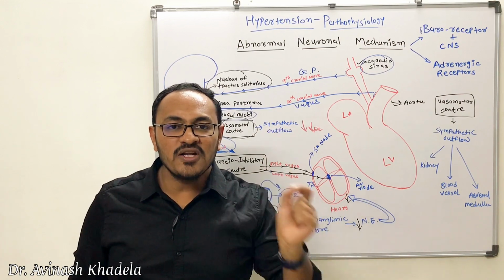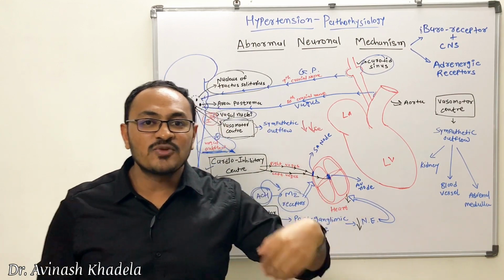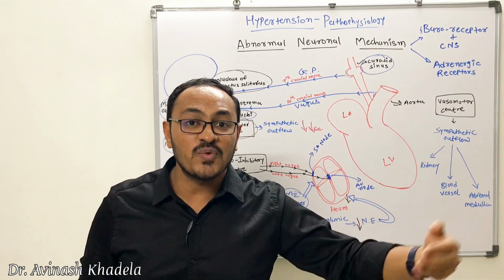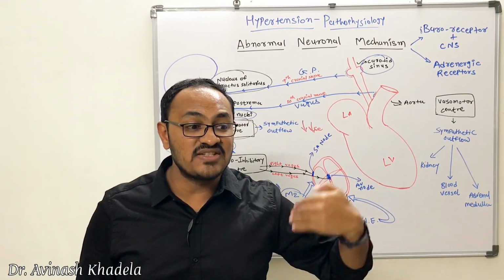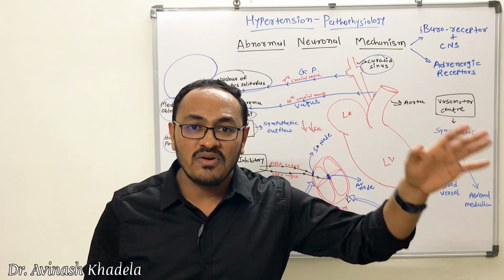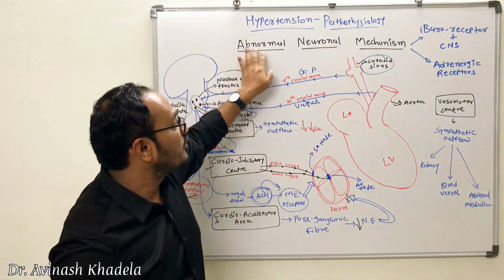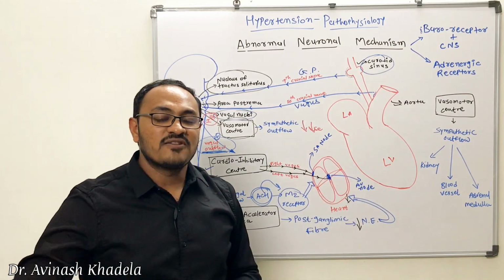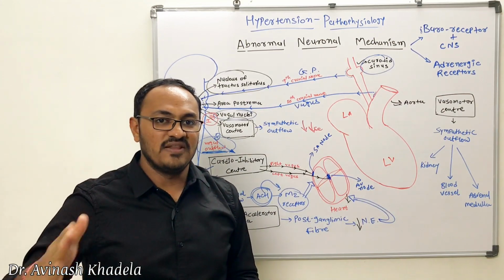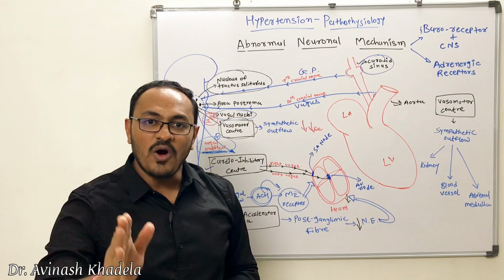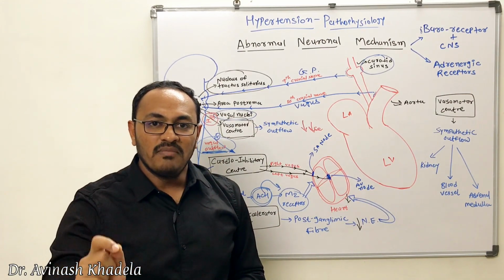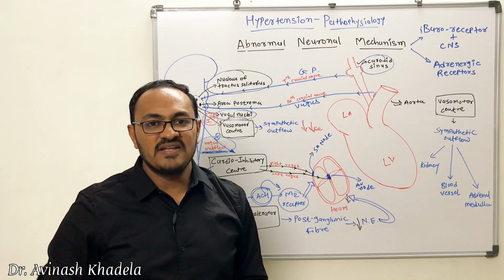Due to one component's alteration, it leads to further alteration in the subsequent components, and that chain will disbalance the neuronal regulation in the human body, and that leads to persistent elevation in the blood pressure. So this is all about the baroreceptor and central nervous system regulated neuronal mechanism.